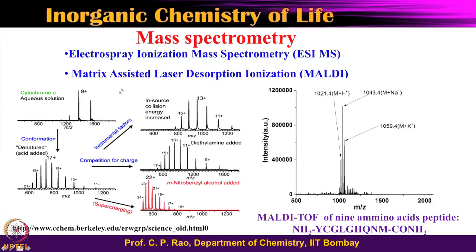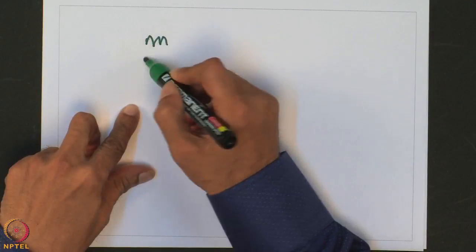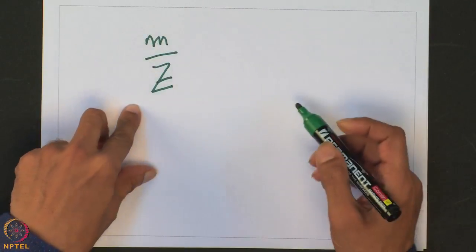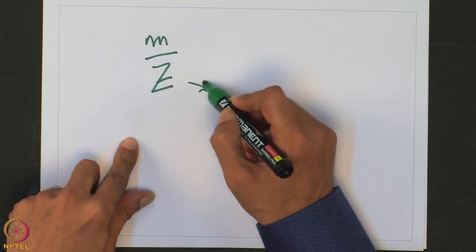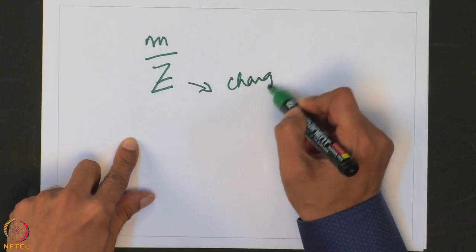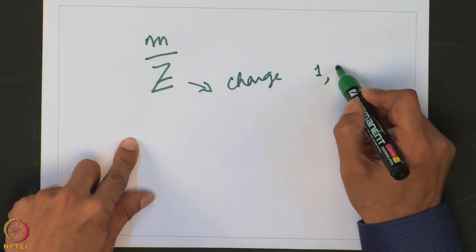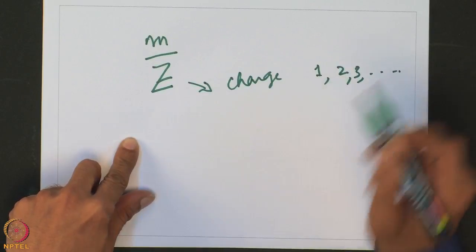So, here is some example. As I told you, and you know very well, in mass spectrometry the piece of information of importance is that what you measure is m by z. So, z is the charge. This charge can be 1, 2, 3, any number.